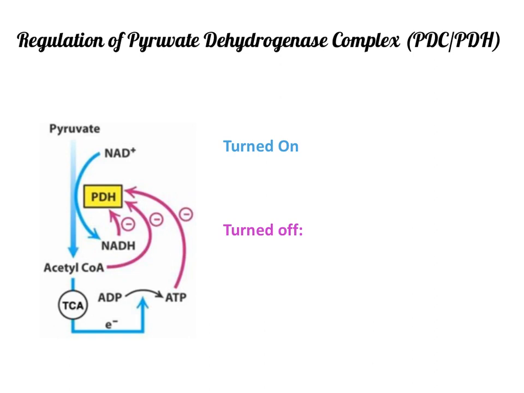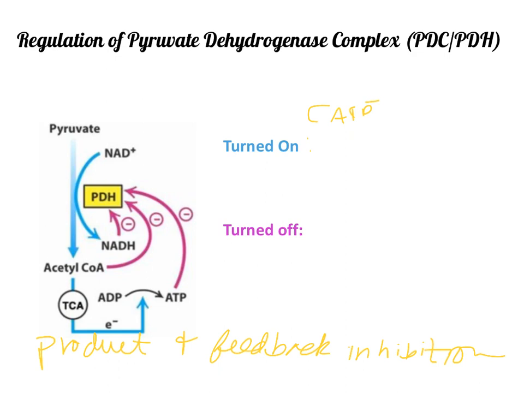So the PDC is just an enzyme on its own, and it's regulated mostly by product and feedback inhibition. Okay, so the conditions where the PDC is turned on is when you have a low energy condition.